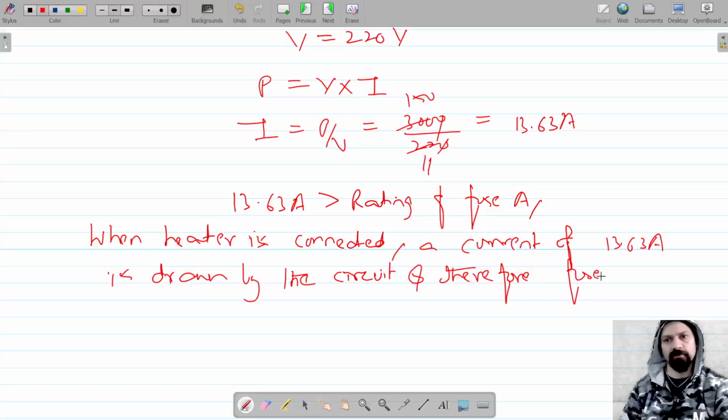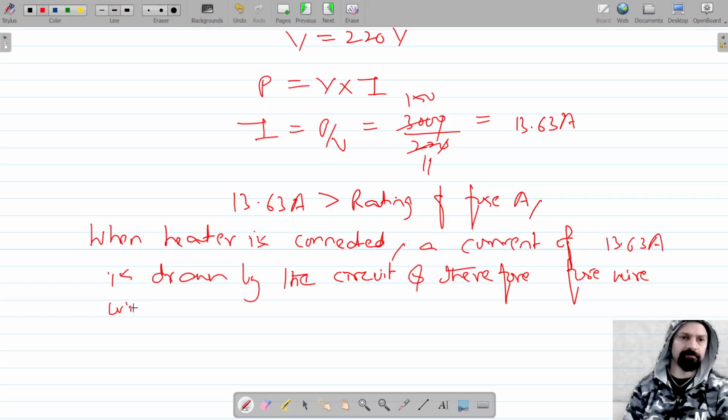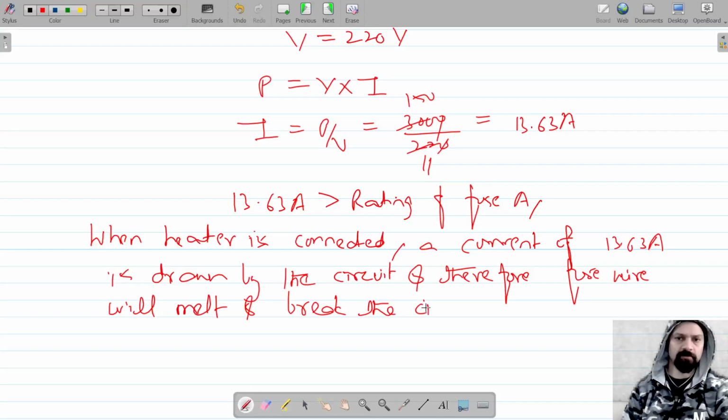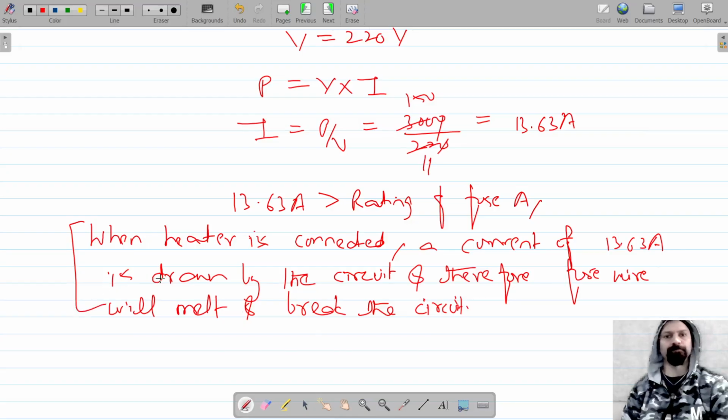Therefore, the fuse wire will melt and break the circuit. Okay.